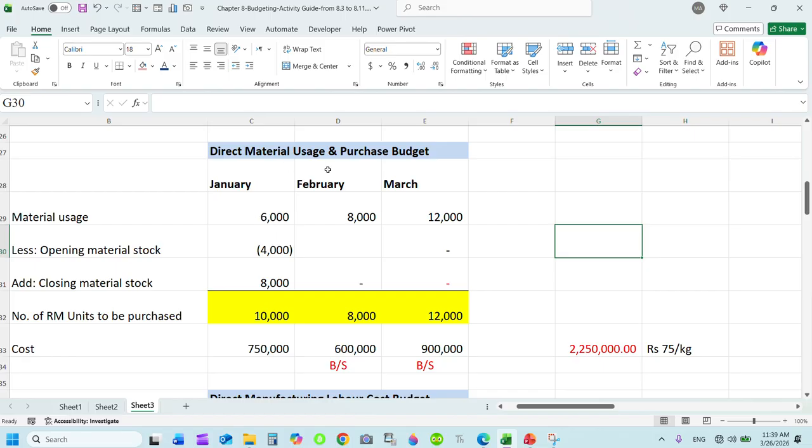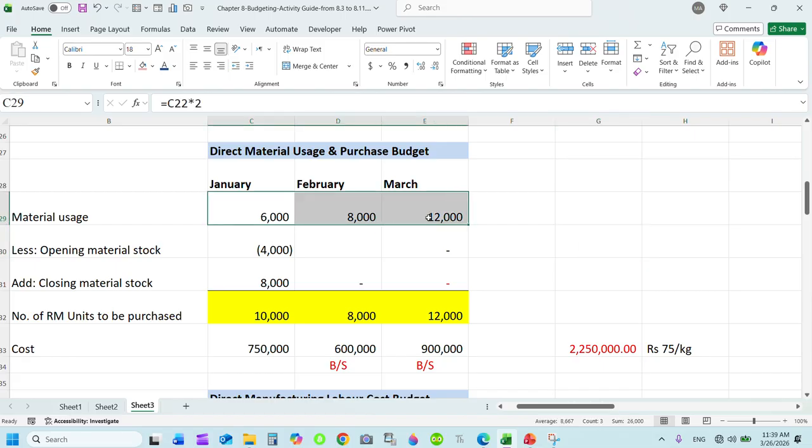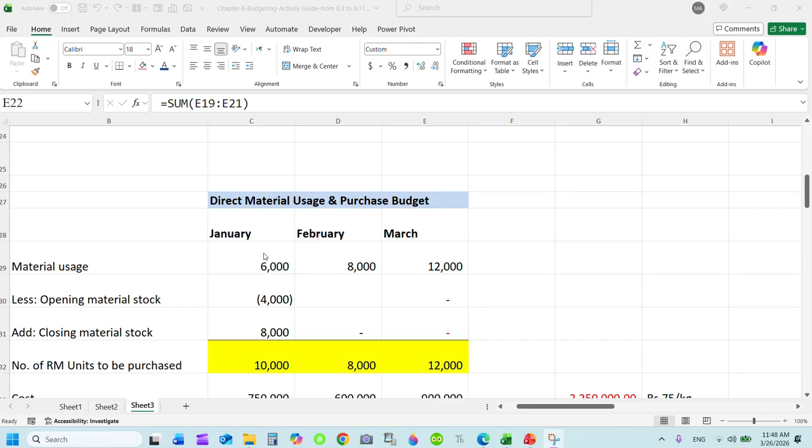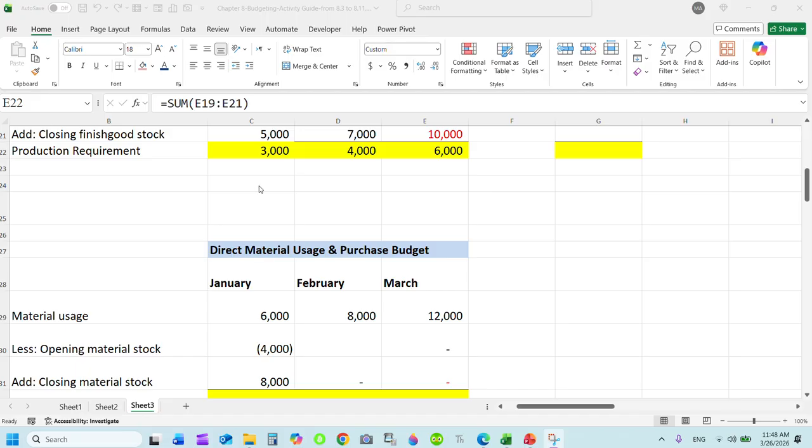So accordingly, we prepare the January material purchase budget, right? Usage we can easily decide. We need production requirements of 3,000, 4,000, and 6,000. Based on the production requirement, usage requirement per unit is 2 units of raw material per 1 unit of finished good. So accordingly, material usage requirement is 6,000, 8,000, and 12,000.